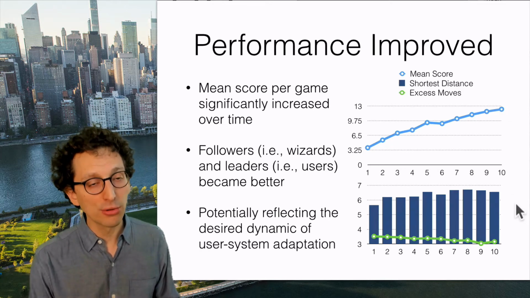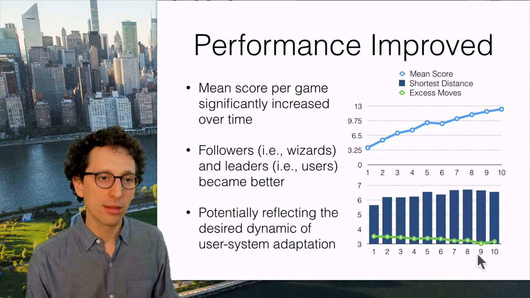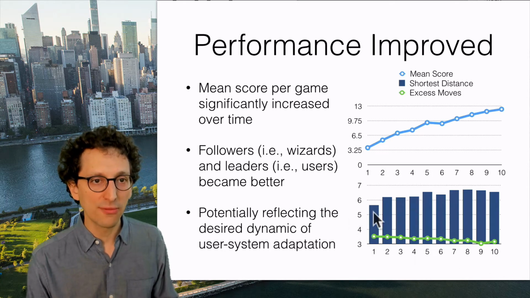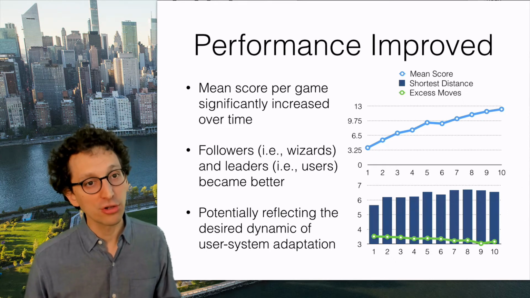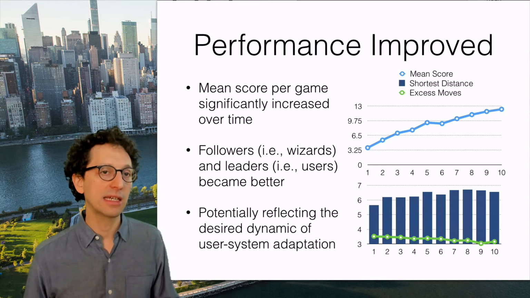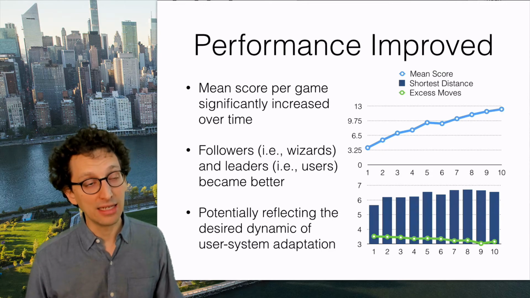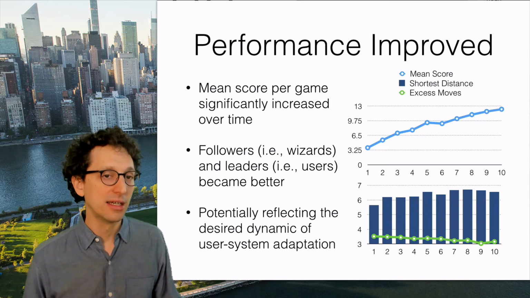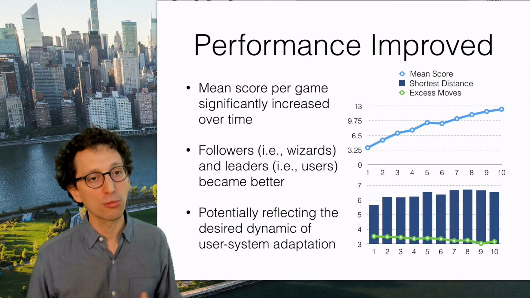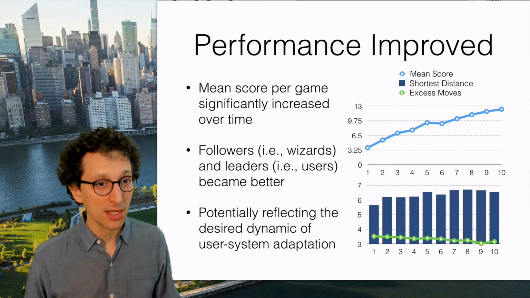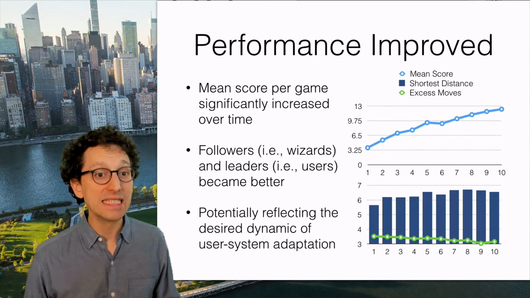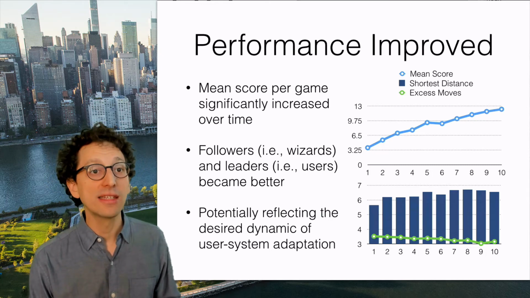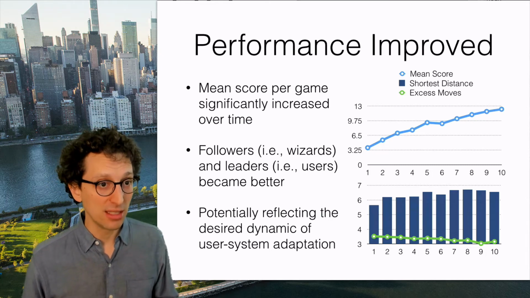And we can see this by looking at this plot at the bottom. First of all, the shortest distance for instructions actually increased, illustrating that the leaders are giving more complex instructions that require the followers to travel farther. On the other hand, the number of excess moves that the followers are doing is decreasing, showing that they're getting better at executing these instructions.